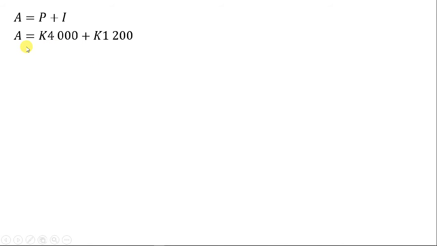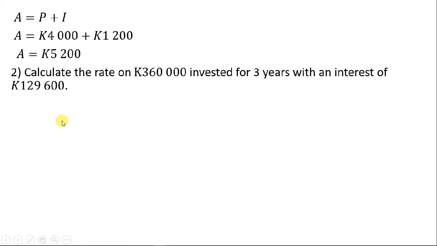So we have our amount is equals to 4,000 kwacha plus 1,200 kwacha. Therefore, the amount Mrs. Cholwe was supposed to pay back was 5,200 kwacha.